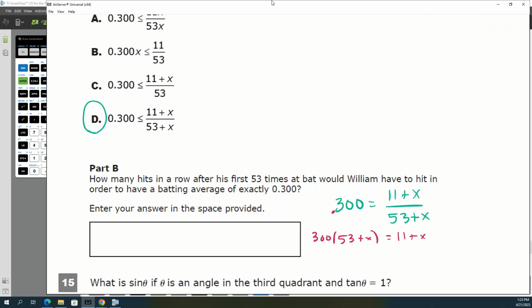Oh, that should be 0.300. Sorry. All right, so then I will distribute that 0.300 and then get the x's together.